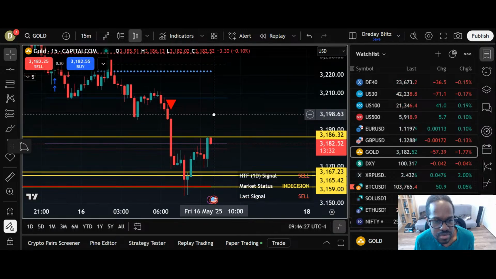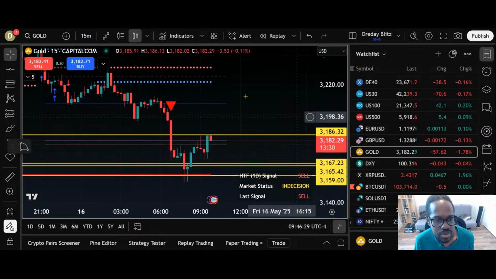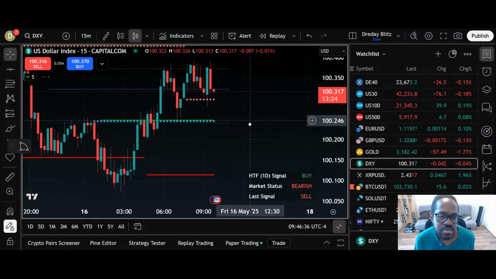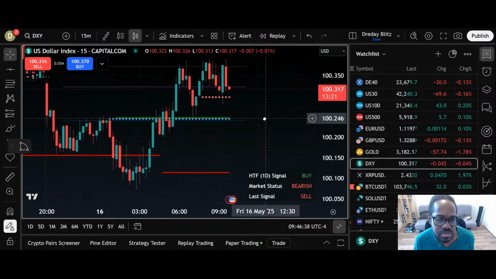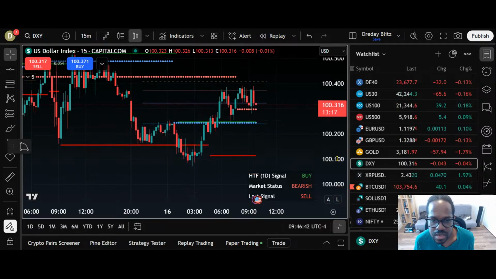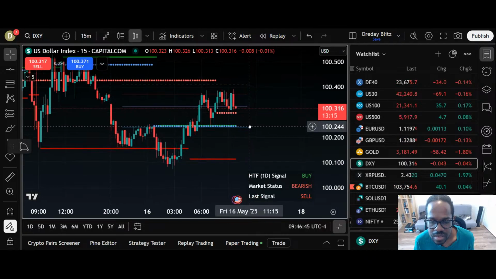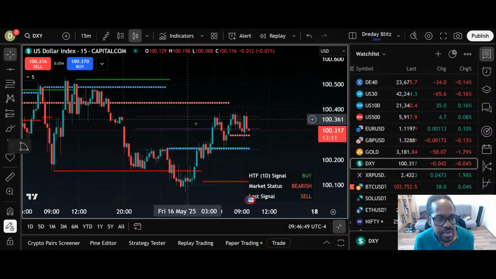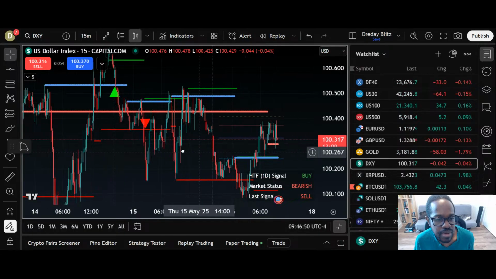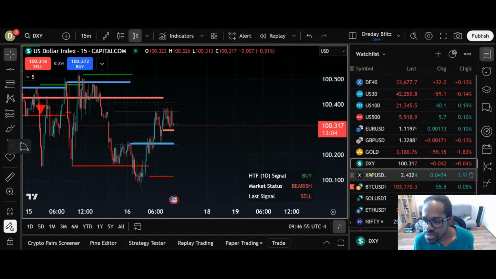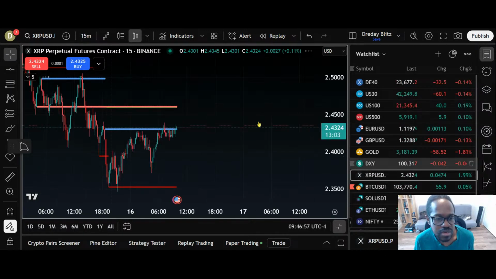So we're waiting for the next leg up. And the DXY is in a bearish, but looking good.